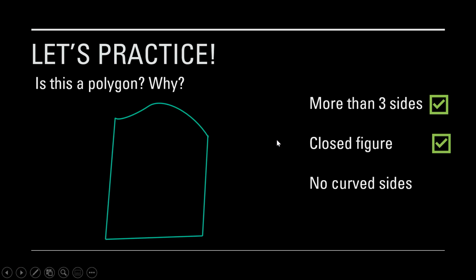Last, my shape cannot have any curved sides. The top of my shape here has a twisty turny curve, so it's going to get an X. Since I don't have 3 checks for my 3 rules, this shape is not going to be a polygon.